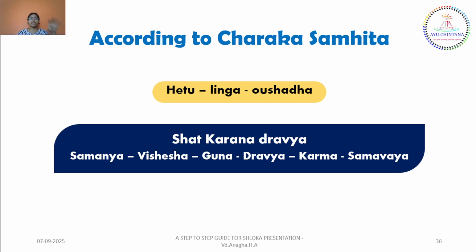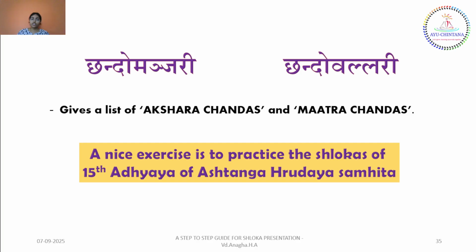So each of the shlokas that are studied in Charaka Samhita either fall into the category of Hetu Sutra, Linga Sutra or Aushadha Sutra, or they could be a combination of these. Or it could be Shat Karana: Dravya, Samanya, Vishesha, Guna, Karma and Samavaya. So the shlokas will have the content of Shat Karana Dravya. Then I would recommend two textbooks to go with, Chando Manjari and Chando Vallari.